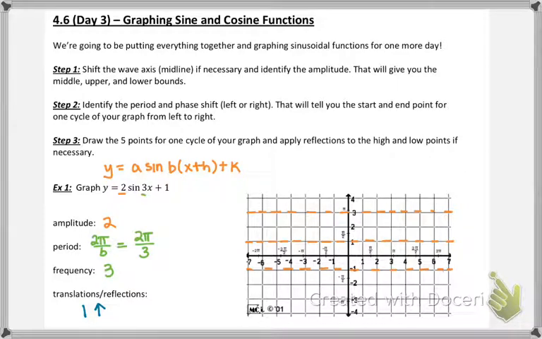Okay, so then from there, we don't have anything else, right? We don't have any horizontal phase shifts that we have to worry about, which is good. Because I'm not sliding left or right, I'm going to start at the exact same points on the wave axis. And then I just need to be able to draw 1 full cycle from 0 to 2/3 pi.